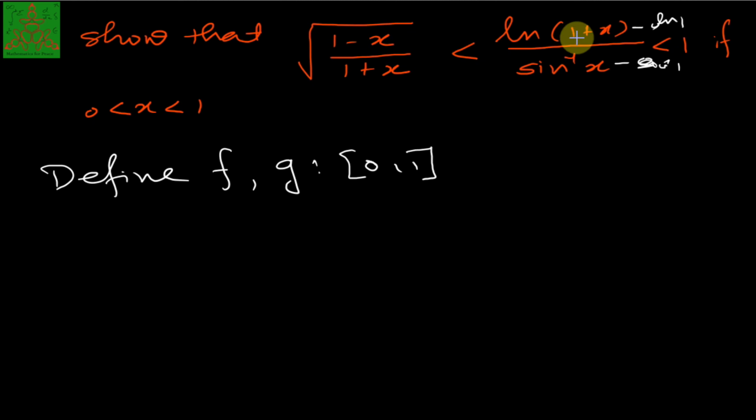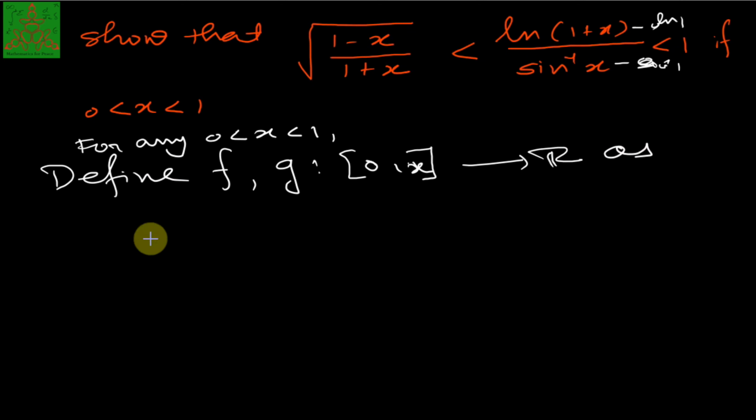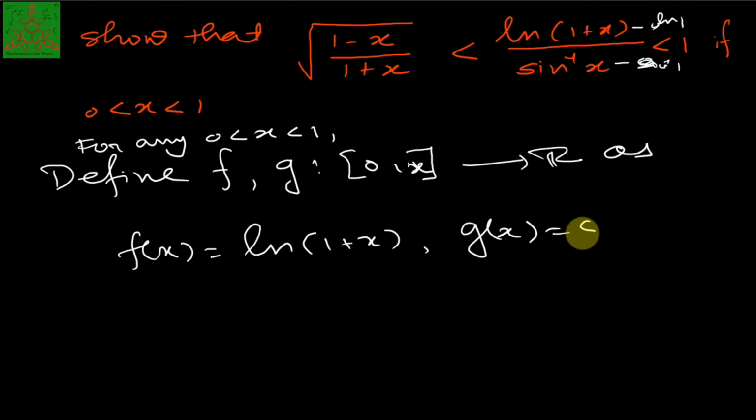Or I can say 0 to x, where x is between 0 and 1. So for any x which is between 0 and 1, we will define f and g from this interval to R as f of x is equal to ln of 1 plus x, and g of x is sine inverse of x.